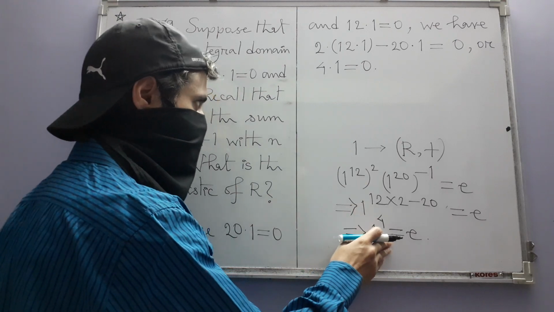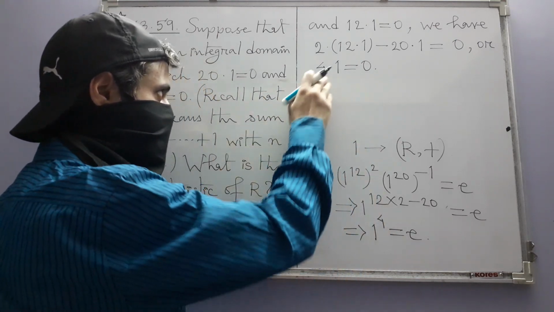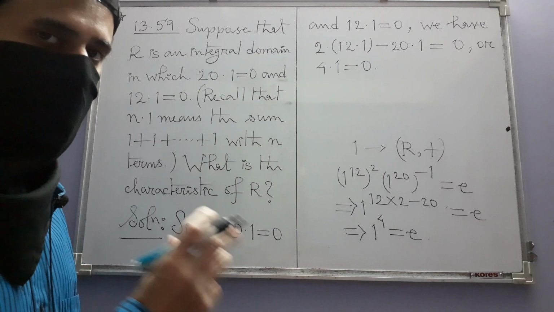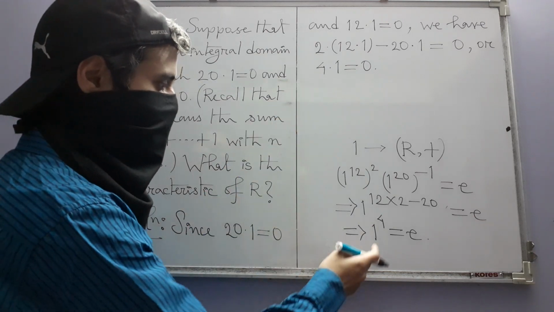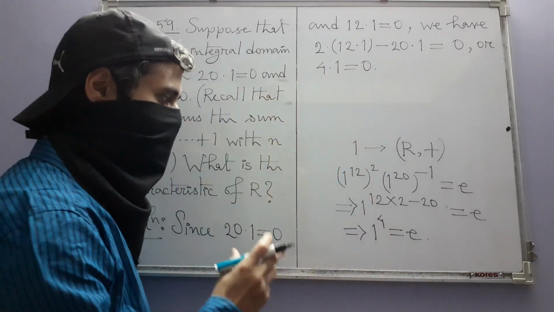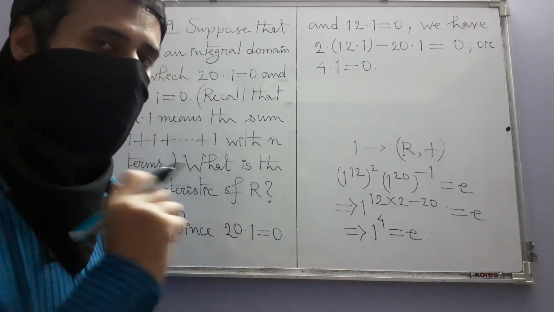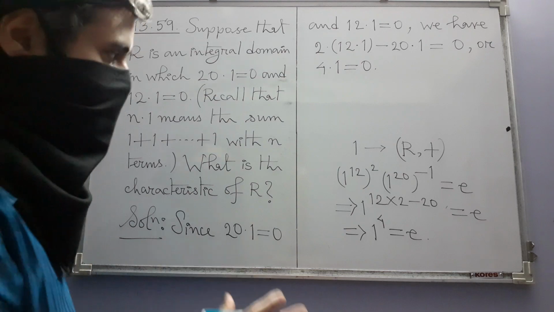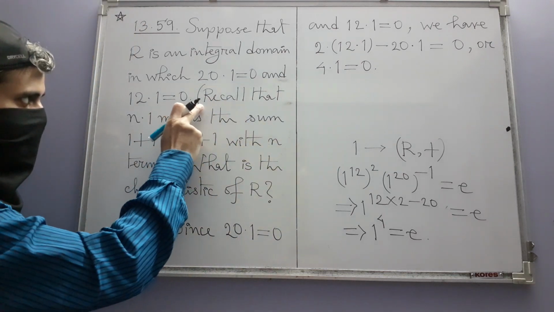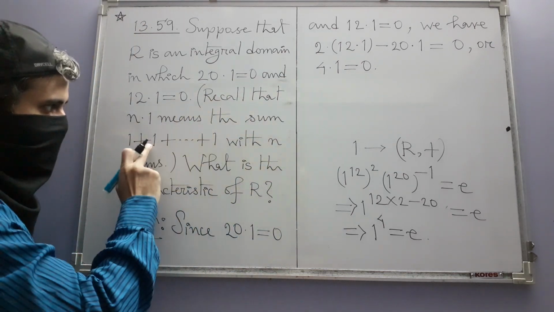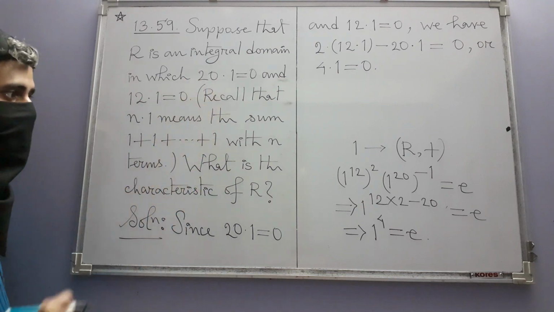This same equation, when you write in our notation, looks like this, and all of these things simply mean that 1 plus 1 plus 1 plus 1 is equal to 0. Okay, that's what it means. In fact, that's why the author has reminded us of the meaning of n dot 1.